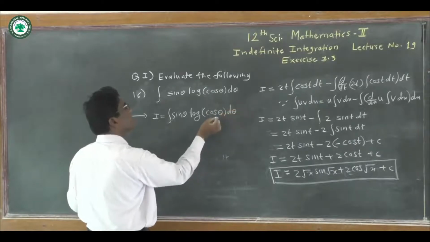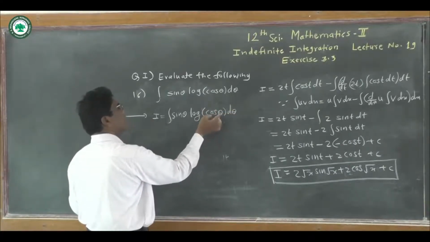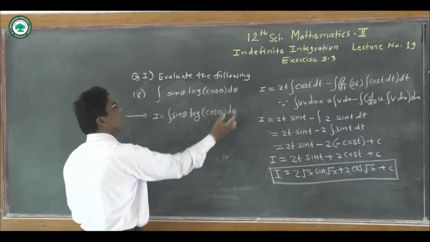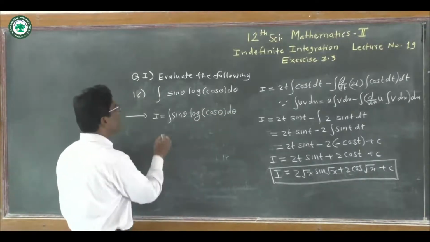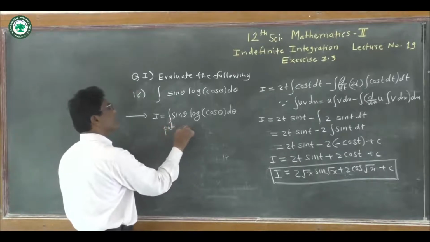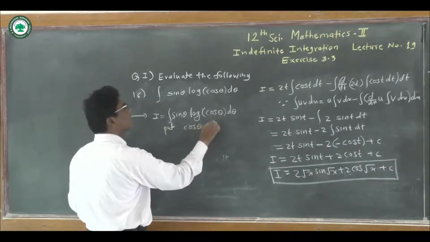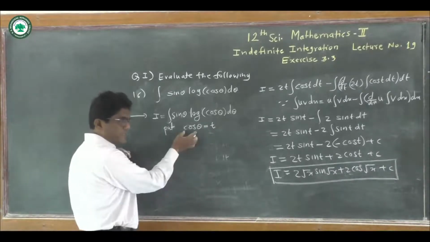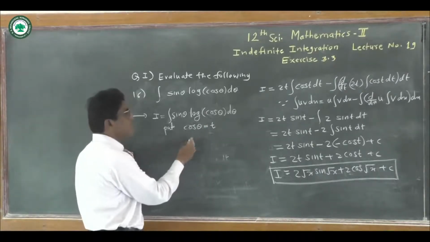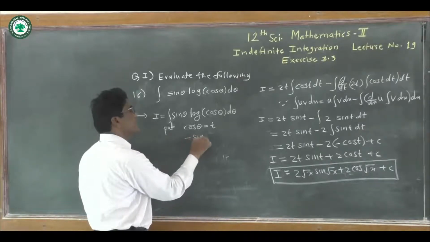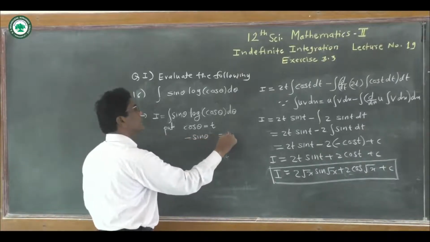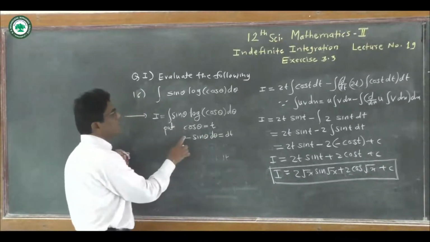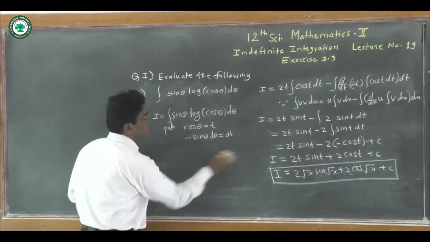Now observe here cos theta. If we put here cos theta as t, then the derivative of cos theta is minus sin theta d theta, we get dt. So put here cos of theta is equal to t and differentiate with respect to theta. Derivative of cos theta is minus sin theta is equal to dt upon d theta. Now carry this minus sign to the right hand side.